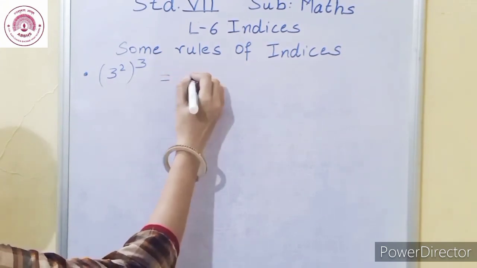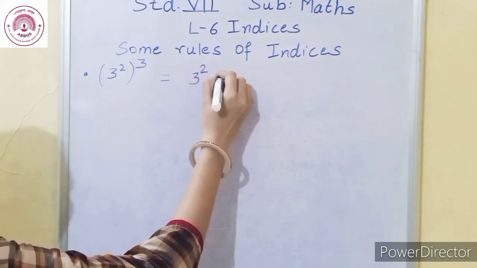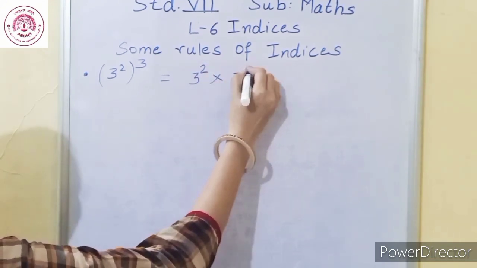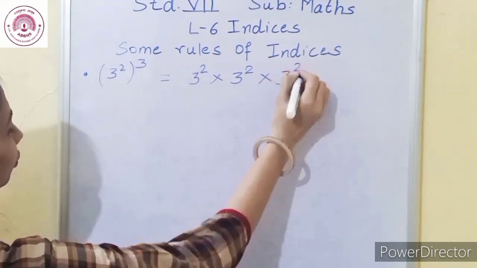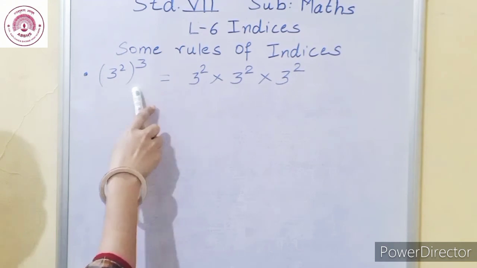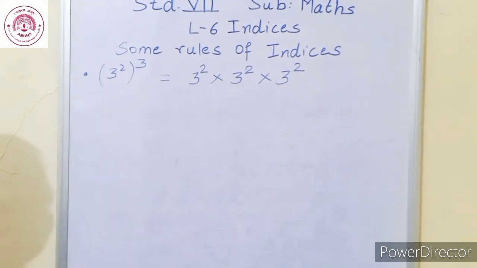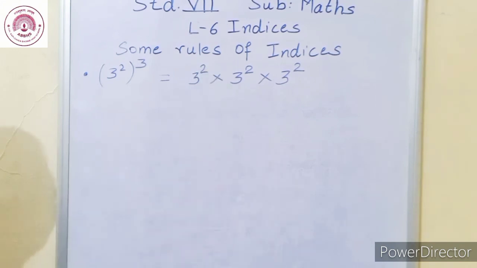It can be shown as 3 raised to the power 2 multiplied by 3 raised to the power 2 multiplied by 3 raised to the power 2. This is the multiplication form of this index form, where 3 raised to the power 2 or 3 square is multiplied by itself 3 times.